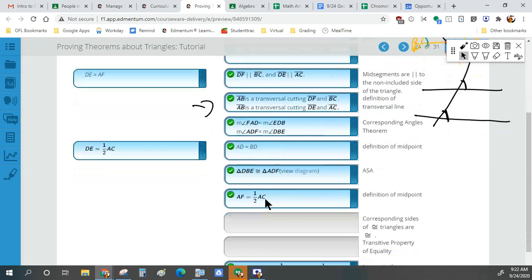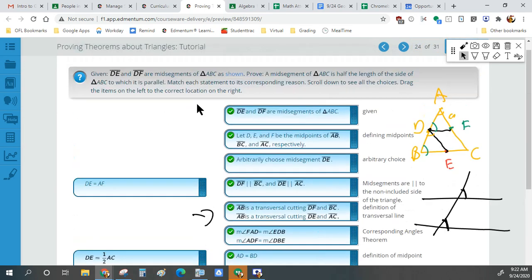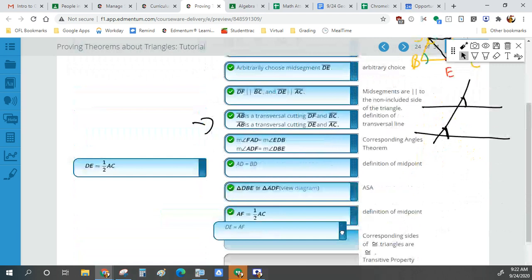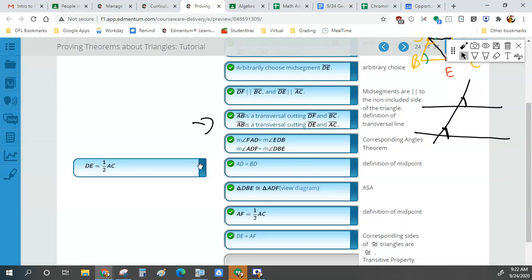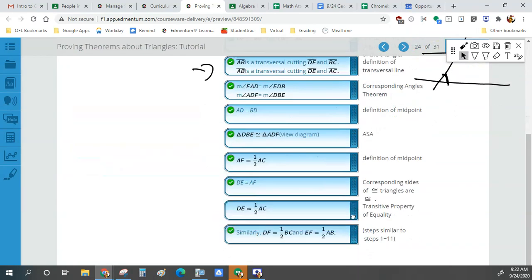All right, guys, I'm sorry. They're just being really, really nasty right now. Since they're saying corresponding parts go with corresponding sides, we're going to say that things are congruent. So the only things that are congruent are these ones. And we're going to be doing this one for the last one because it's a transitive property of equality.